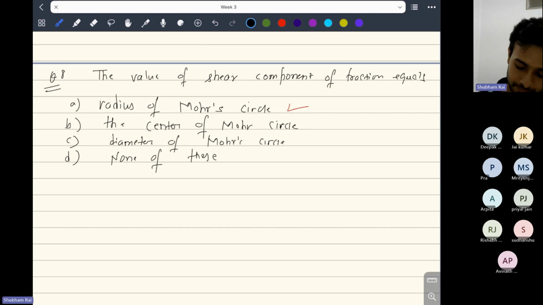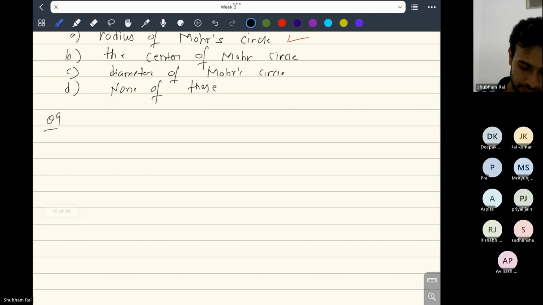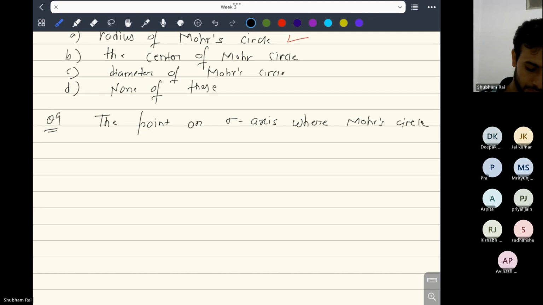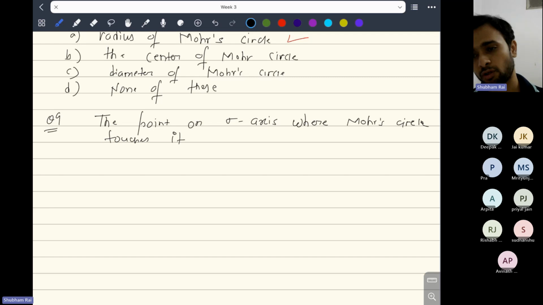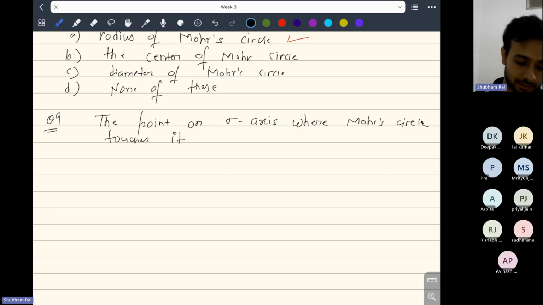So the next question says, the point on sigma axis where Mohr circle touches it. This point on sigma axis where Mohr circle touches the sigma axis, what does it denote?